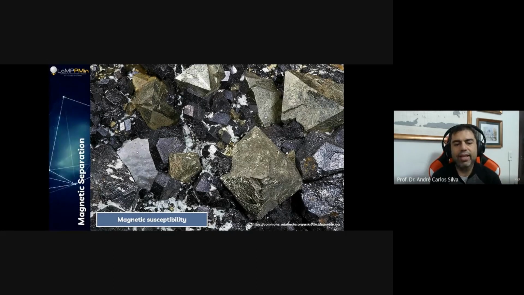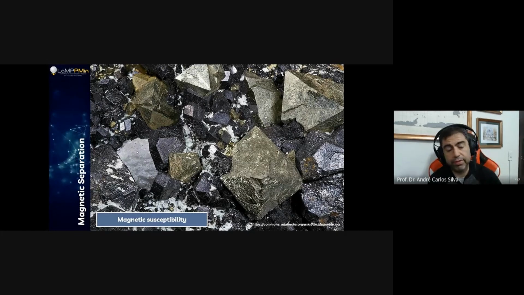hematite. And that's our second property, and I didn't put this property in order to have the poorest property first and then in the end the best property. That's not the case, because if that were the case, then my second would have to be switched with the third one. Because magnetic separation is really important for us even nowadays.